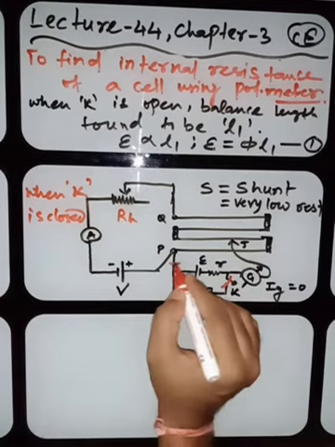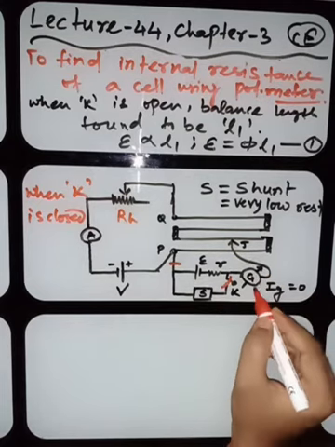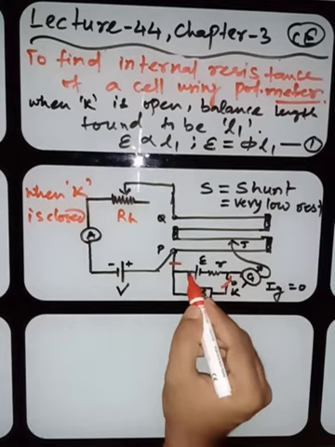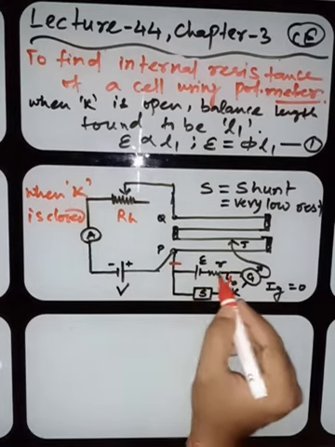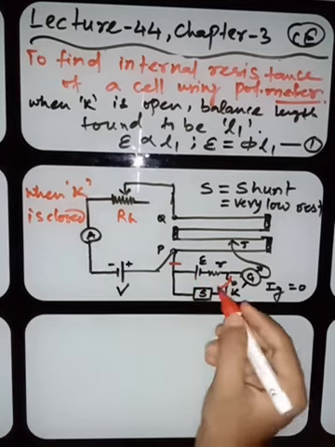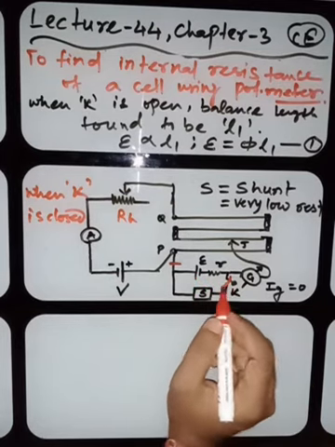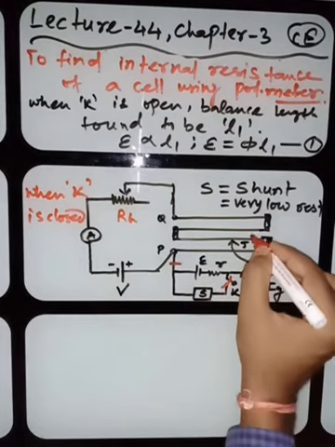Remember, here the current Ig will be 0, but there will be current in this branch, right? Remember, there will be some current now, and the balance length will be changed. Now you have to shift this jockey somewhere else.